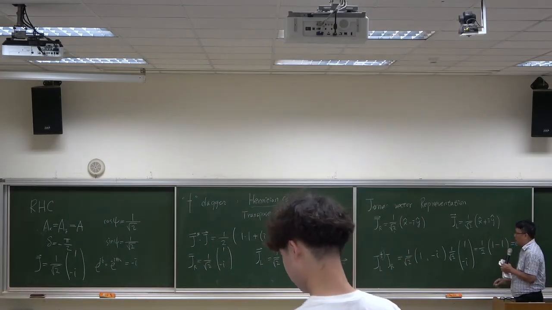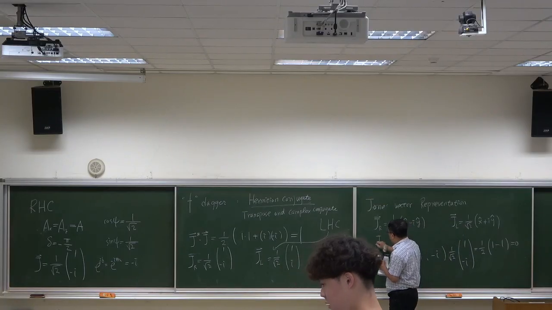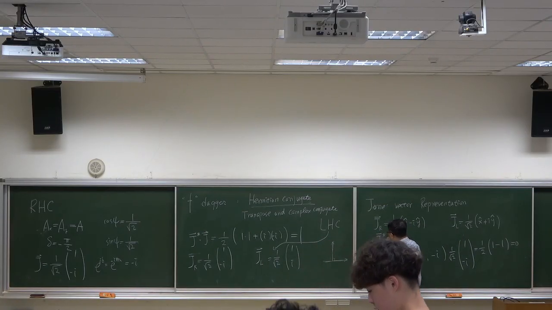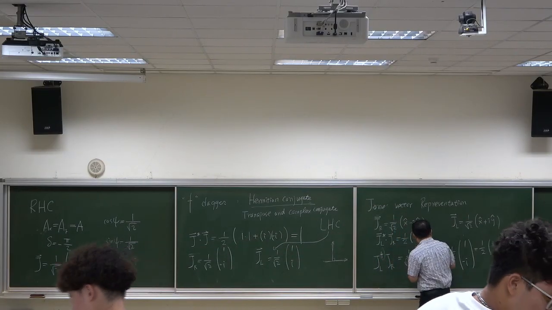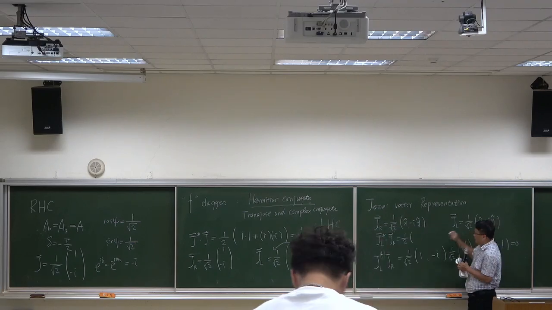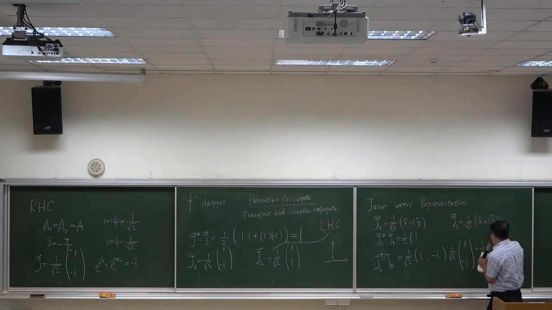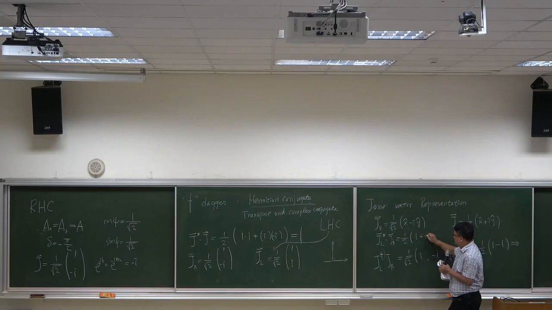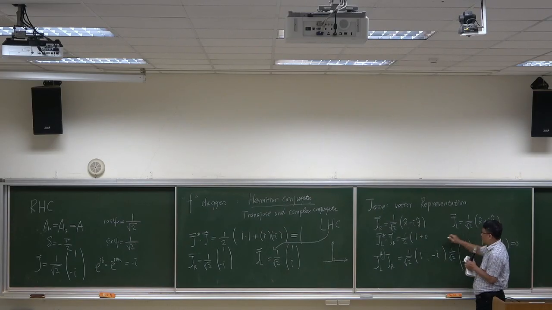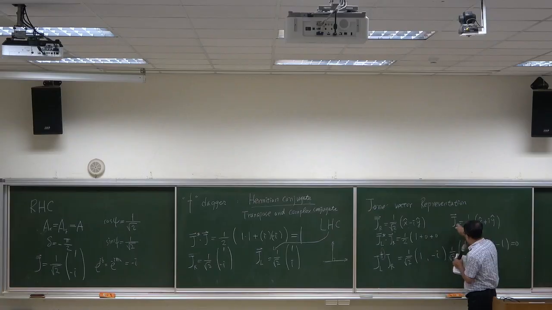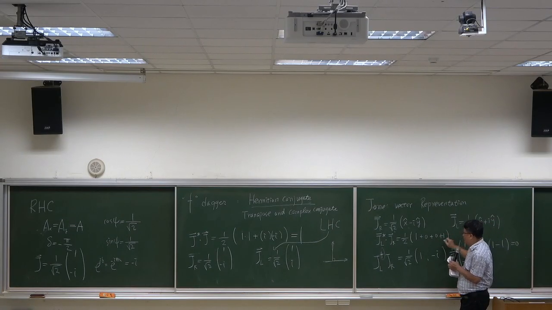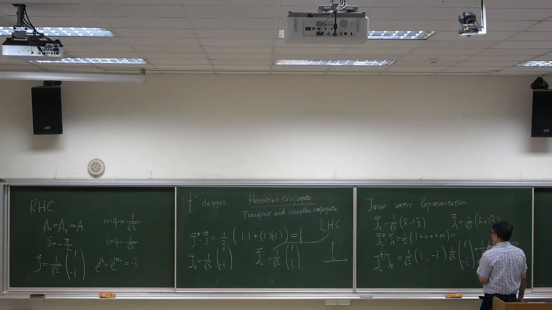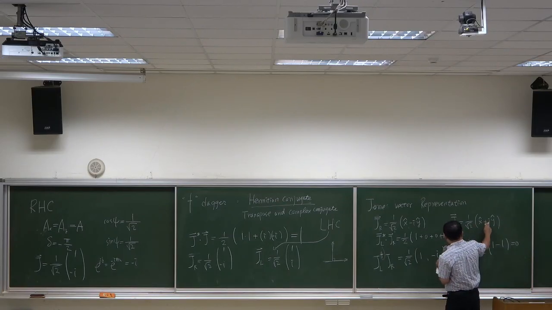Okay, then J_L star dot J_R is 1/2 times: x dot x gives us 1, x dot y gives us 0, y dot x gives us 0, and y dot y gives us 1, and the minus i times i is 1. Okay, so this is equal to, sorry, I know now.